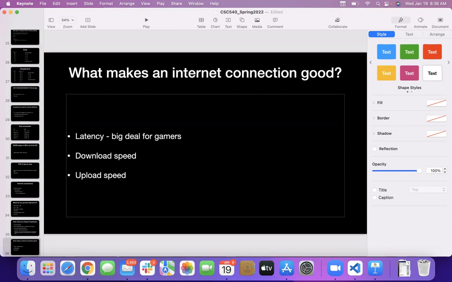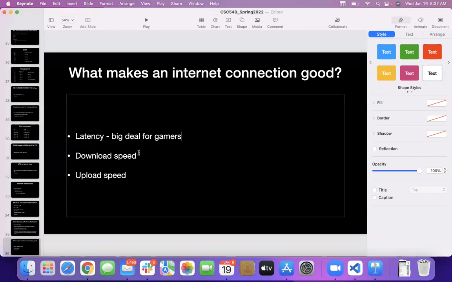But playing Call of Duty competitively is not necessarily the general use of the internet. So those folks who are actual big time Call of Duty users, whether they're doing it professionally for money or they just take it seriously and really want to be competitive, want the lowest latency internet connection they can possibly get. So to them, that's what makes a good internet connection.